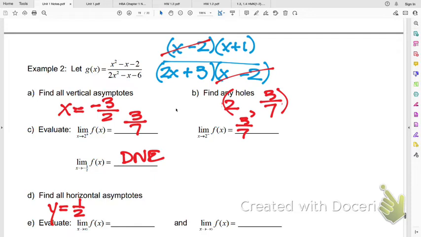Yes. Yep. It's just talking through it so that you get in your head, what am I looking at? Here is the rule for the hole. Here is the rule for the vertical asymptote. Here is the rule for the infinities. Same thing here. Every time they ask about the limits at infinity and negative infinity, they're asking about the end behavior. And every time the end behavior is described by what?